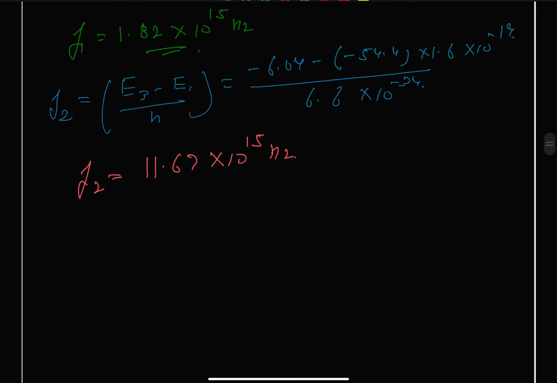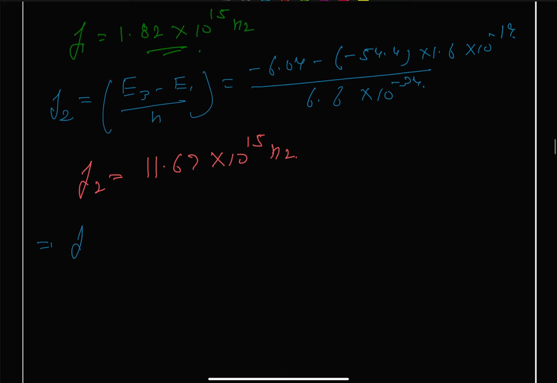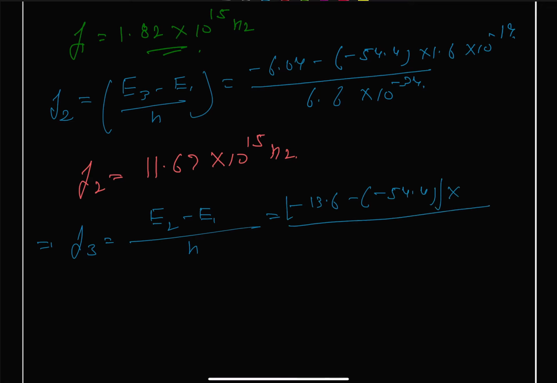And finally between second and 1, let us suppose that is our F3. So we have our F3 is equal to E2 minus E1 upon h, and we get this as minus 13.6 minus of minus 54.4 into 1.6 into 10 to the power minus 19, divided by 6.6 into 10 to the power minus 34.